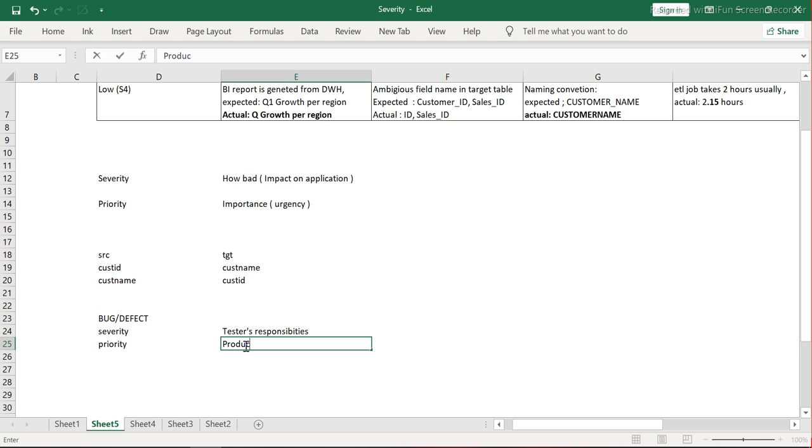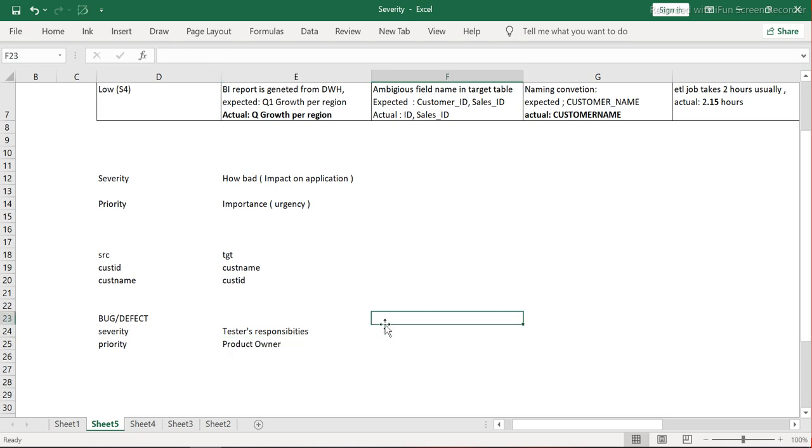Okay, product owner. When the product owner is planning for the sprint, etc., at that point of time, they already know which particular functionality is needed first and all. Similarly for a defect, there is a defect triage meeting.